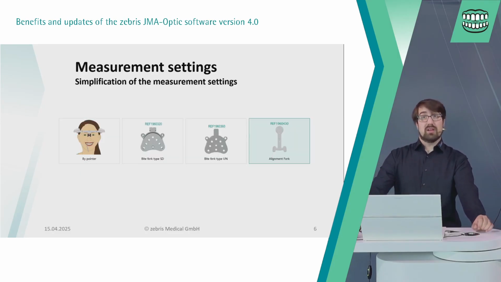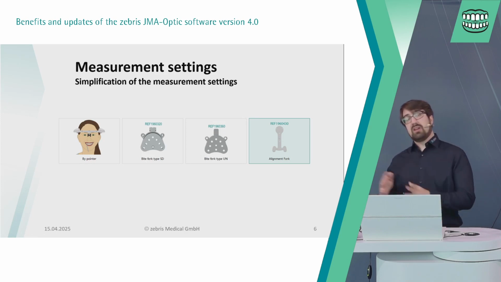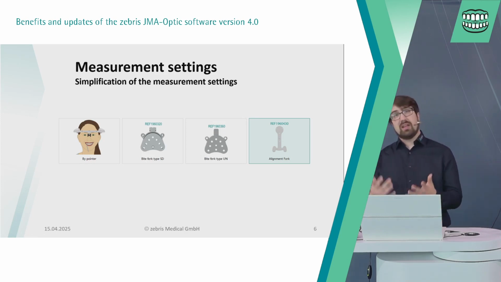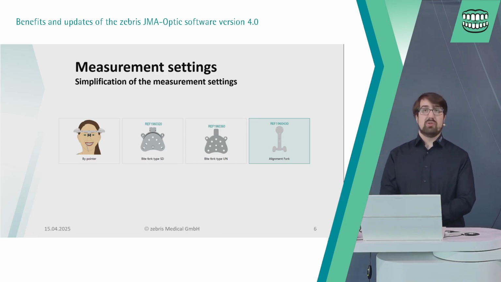One setting, how we want to measure our upper jaw position, we did not hide in the program settings. We put it at the beginning of each measurement. This helps our new customers easily choose which option is available for them, because not everybody knows what the bite fork and the alignment fork are, and here you see with the icons exactly what you get.